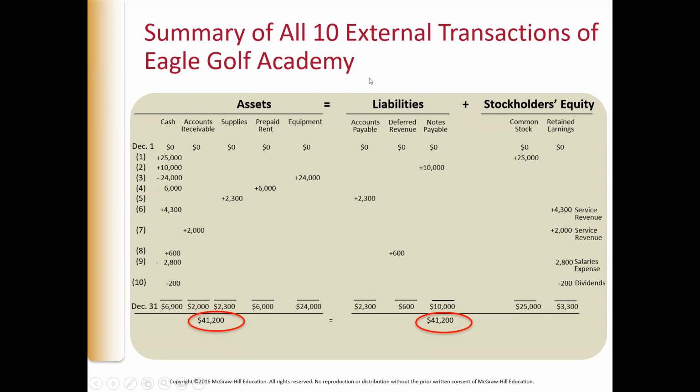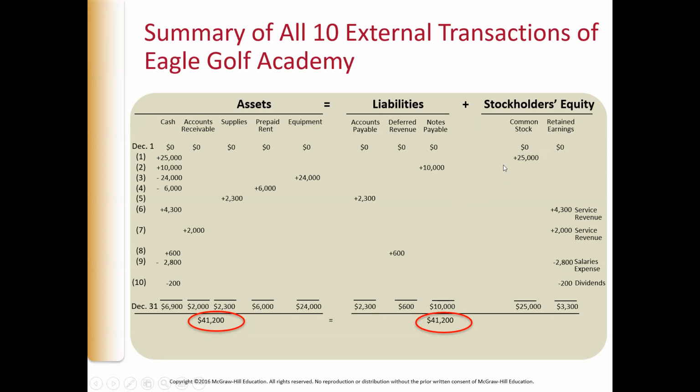They equal our liabilities, which is an umbrella category, plus stockholders' equity, which is also a category. We have 3 accounts under our liabilities: accounts payable, deferred revenue, and notes payable. Then our stockholders' equity, we know, has 2 accounts: common stock and retained earnings, or I should say 2 categories under our stockholders' equity.